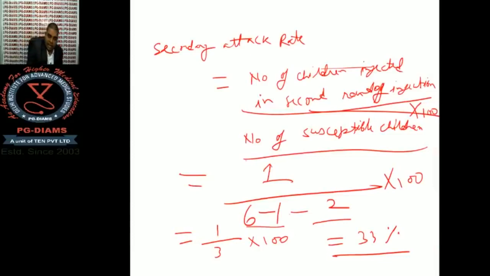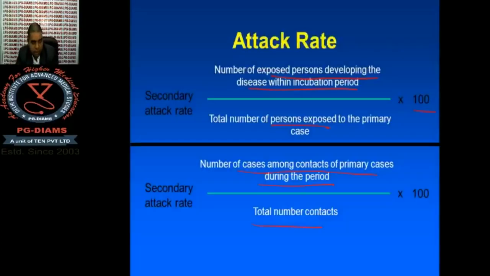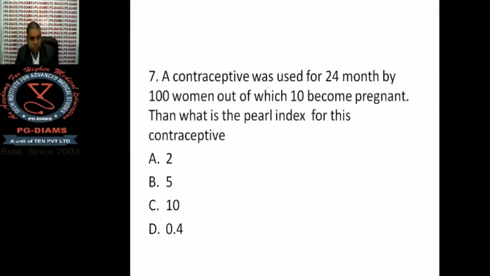In the secondary attack rate, from the denominator you also subtract those children who were infected in the first round. That's the only difference between primary and secondary attack rate. Now let's move to another question.